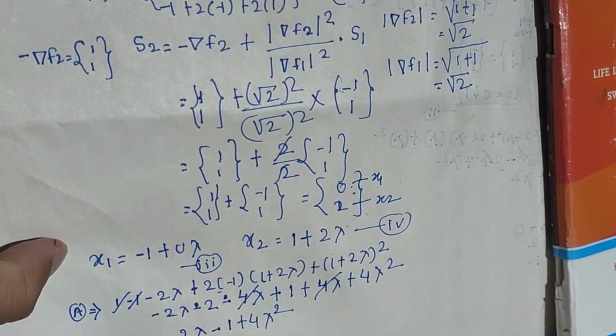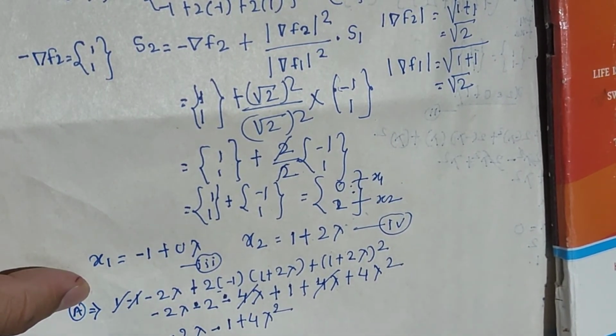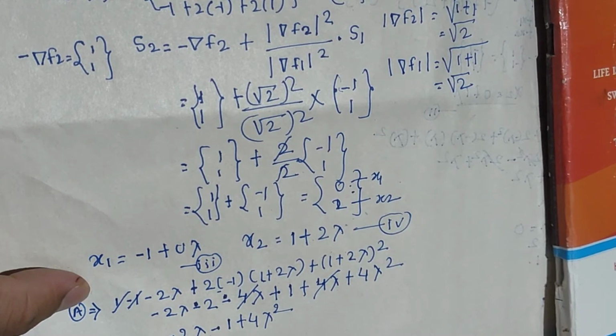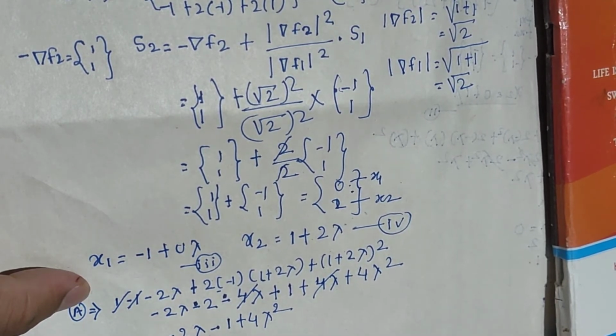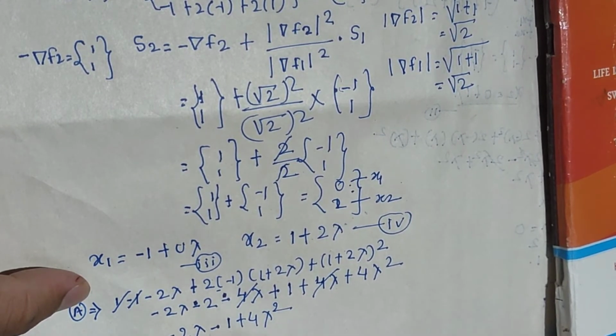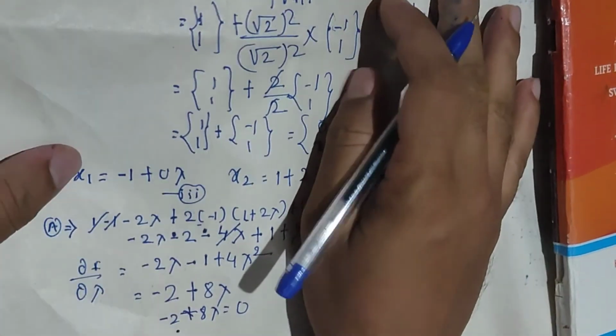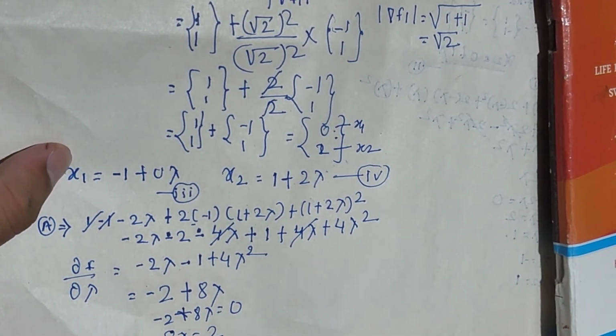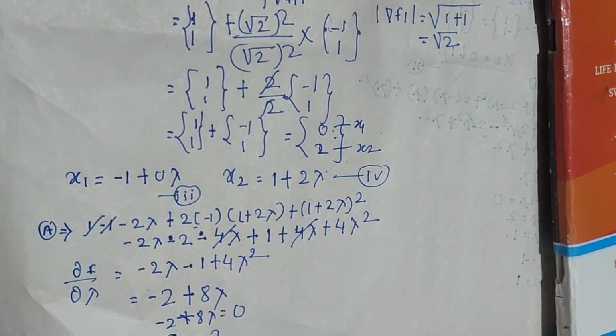Now we have to differentiate this with respect to lambda. So minus 2 plus 8 lambda equals 0. So 8 lambda equals 2 and lambda equals 1 by 4.